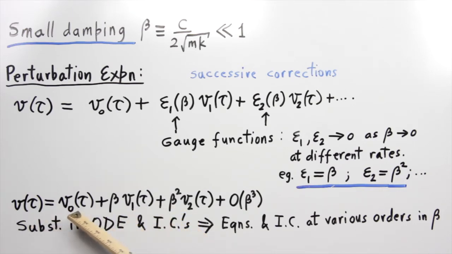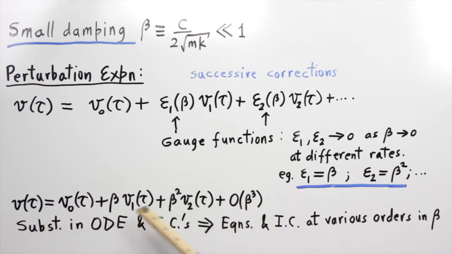So the solution is the undamped solution plus corrections at different orders in powers of beta. Beta power 1 times V1, beta power 2 times V2 of tau. And V0, V1, V2 are solutions that need to be found, and we can go as far as is needed, and so on.